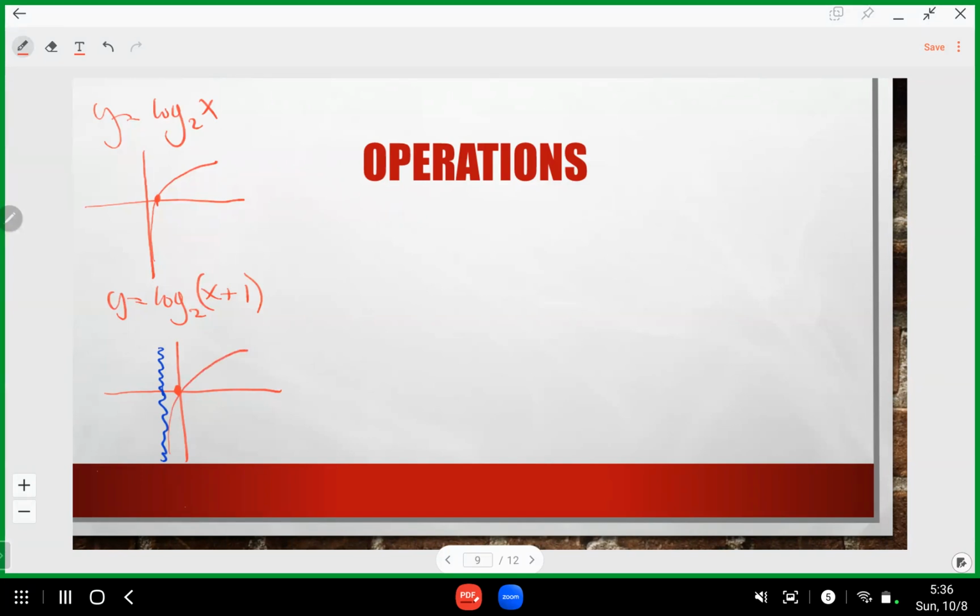Now let's go on to another one. Let's do y equals log base 2 of x, plus 1. Since the 1 is not in the parentheses with x this time and is outside of the function, this actually affects the range. So it is going up or down.